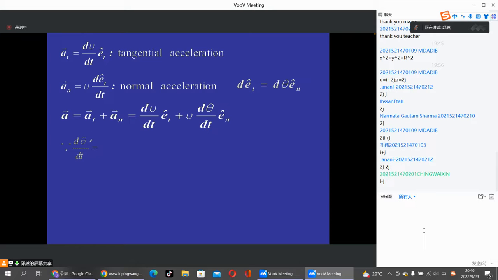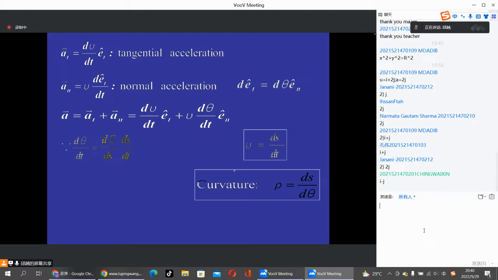And d theta/dt equals what? d theta/ds times ds/dt. And we know ds/dt equals v. And the curvature equals 1 over rho. So it equals v over rho.